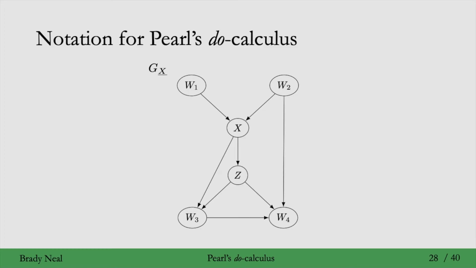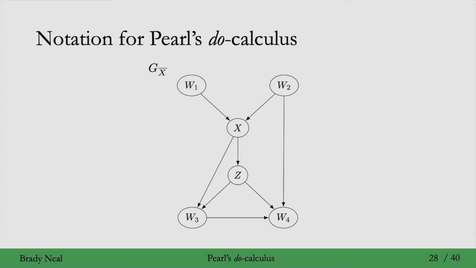The graph G with the bar underneath the x refers to G where all edges going out of x are removed. The mnemonic to help you remember this is that if you think of parents as above their children, then you're cutting all of the edges that are going out of x with this line below x. Then if we look at G again, we can look at G with x with the line over it.